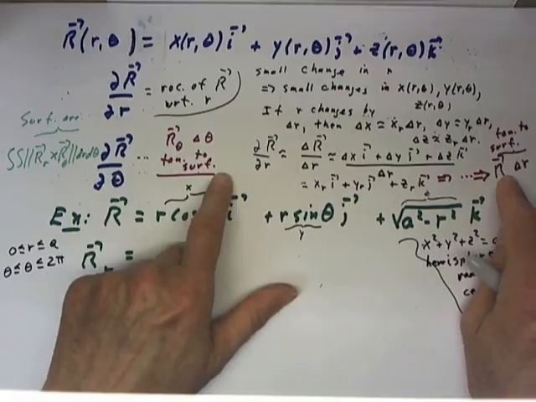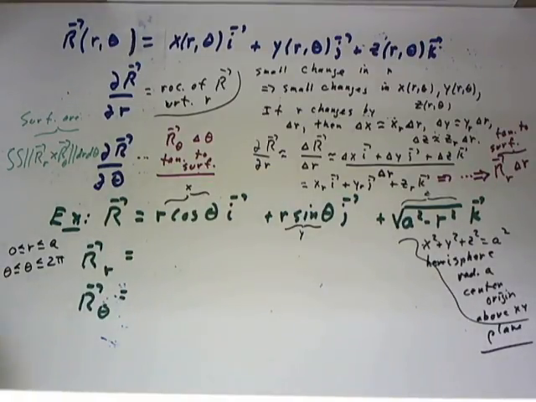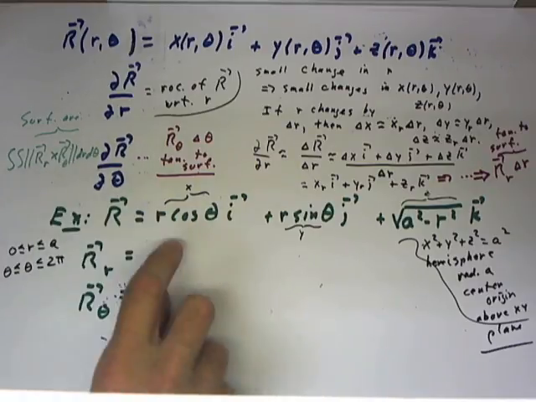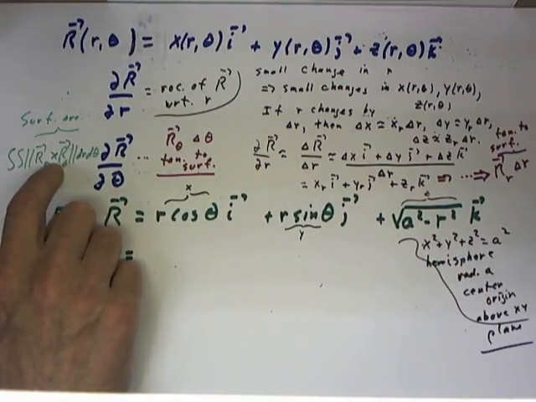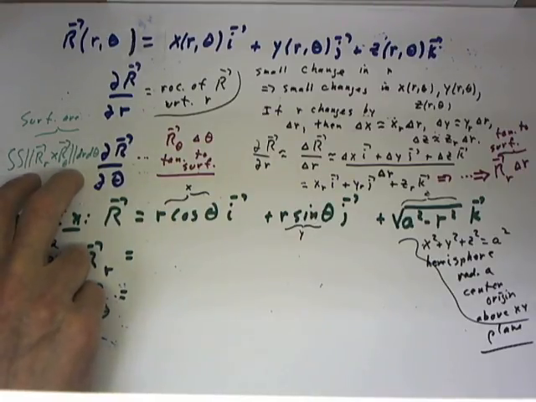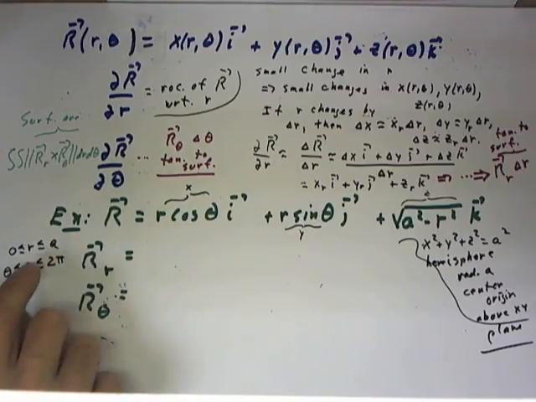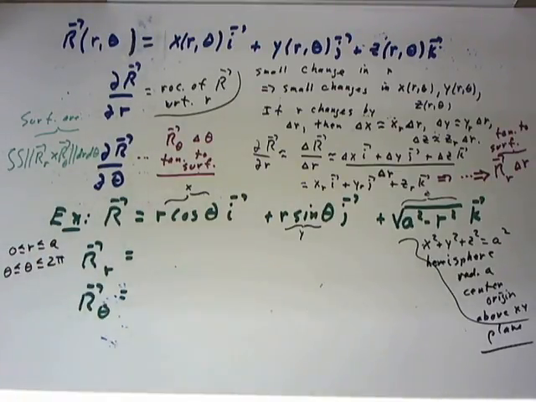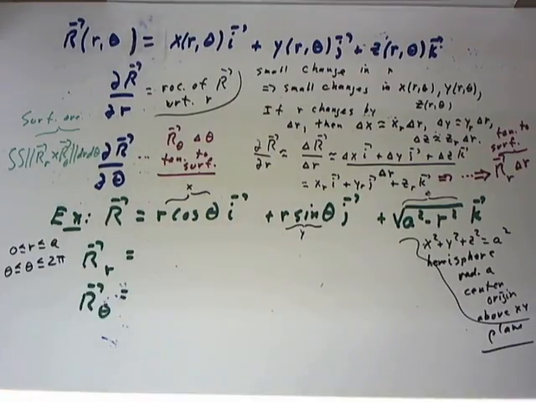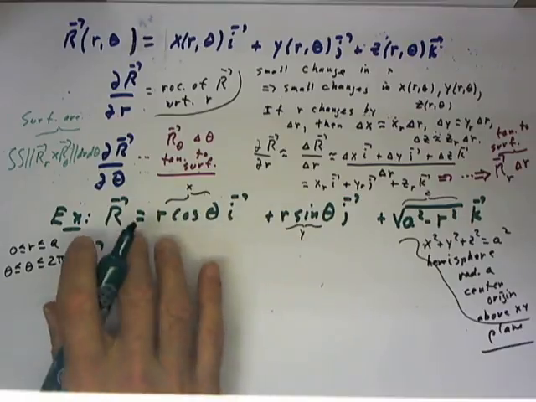If our little miracles have given us a correct formula, it should be easy to find the r and theta derivatives of this function, find their cross product, find the magnitude of the cross product, and integrate that with respect to r and theta with these ranges of r and theta. So, what's r sub r? Straightforward.